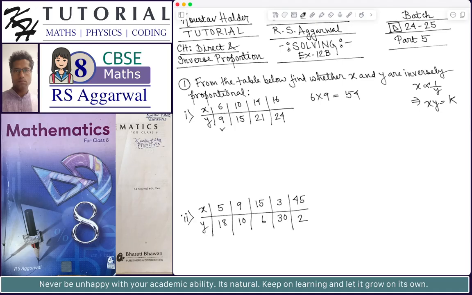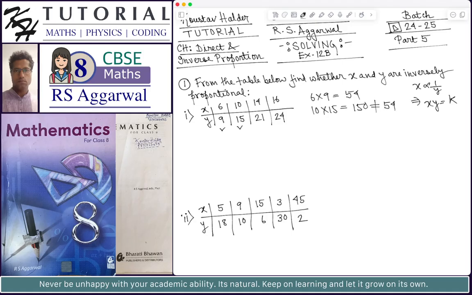Now let's see the product of the corresponding values for the second data, that is 10 into 15. Definitely 10 into 15 is 150, which is not equal to 54.